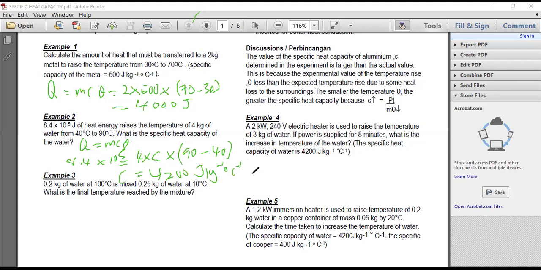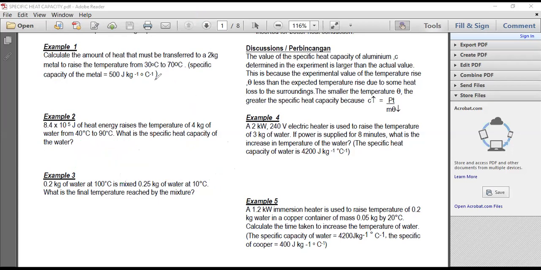Next, 0.2 kilogram of water at 100 is mixed with 0.25 kilogram of water at 10. So what is the final temperature? Now this one involves a situation where you have a hot object mixed with a cold object. So basically, how do we do this kind of question?